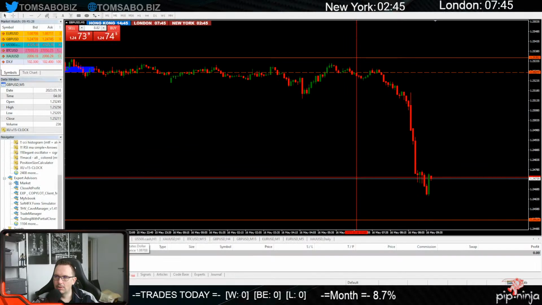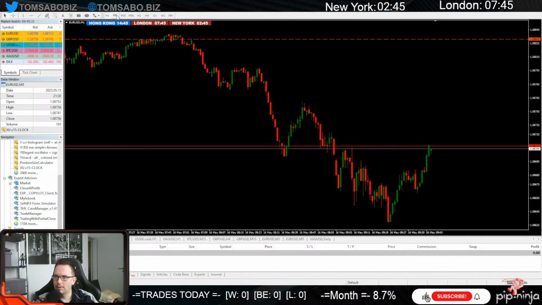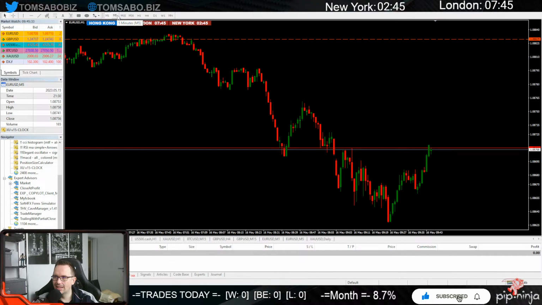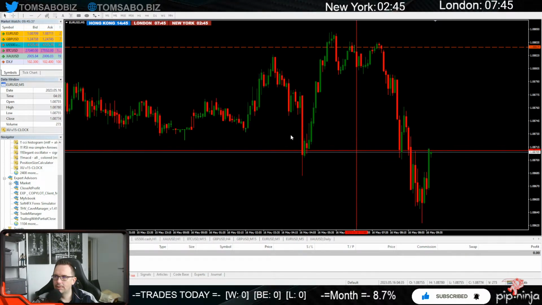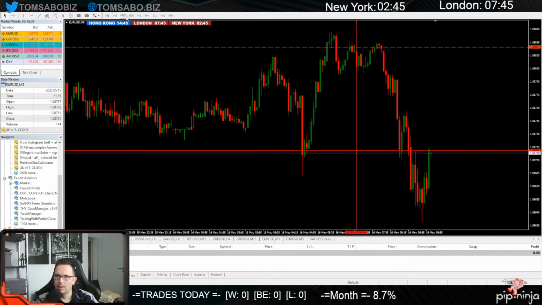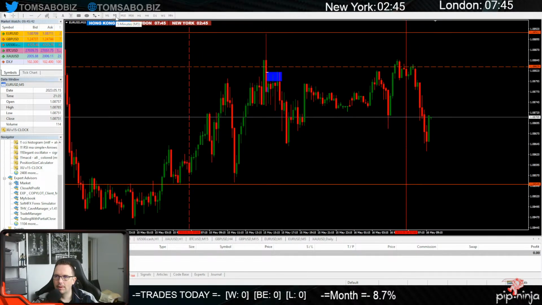Okay, the euro dollar started to move up. I don't like this red candle here. Not good. I don't want to go short on this 15 minutes.